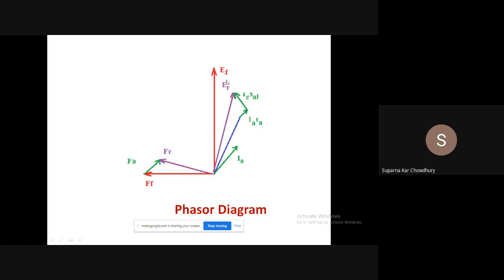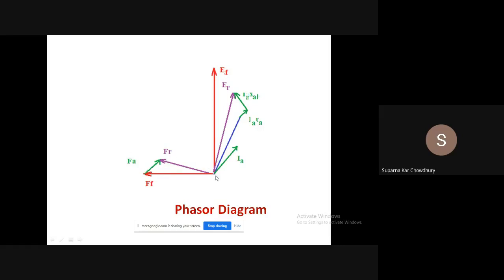Now the difference in voltage between Ef and Er is due to the armature reaction. This voltage drop is due to armature reaction, because under no load condition, when there is no armature current, the EMF induced is Ef. When the current Ia is flowing, there will be an additional field, the armature reaction field.